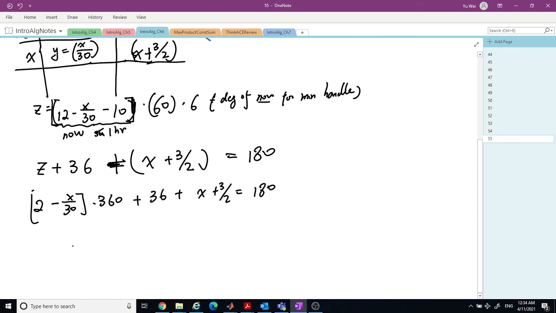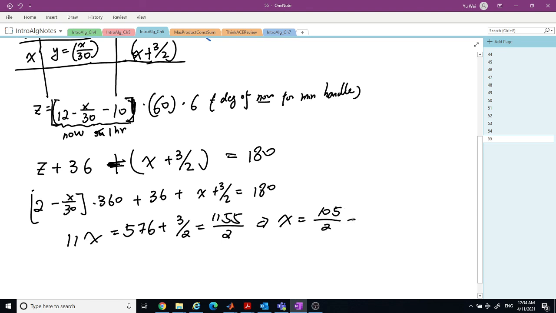Then we have 11X equals 576 plus 3 over 2, which is equal to 1155 over 2. Then we can solve for X in degrees: X is equal to 105 divided by 2, which is 52.5 degrees.